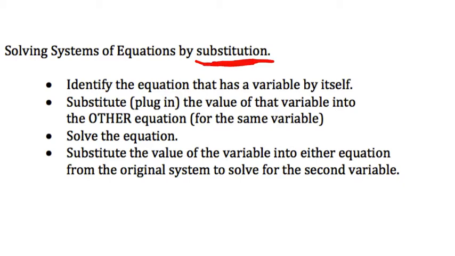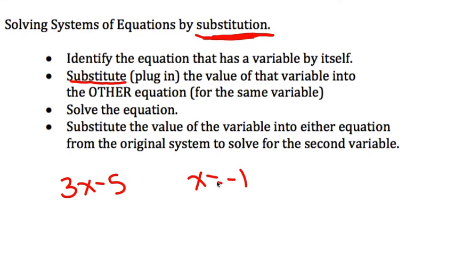If one of your teachers is absent tomorrow, then they have to get a substitute, right? So a substitute is a person that takes the place of your teacher, right? So in math, when we substitute, that just means we're plugging in a value into a variable. So if I have something like 3x minus 5, and I say x equals negative 1, I take that negative 1 and I substitute it in for x, right?